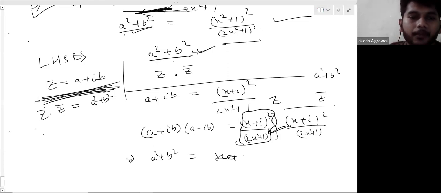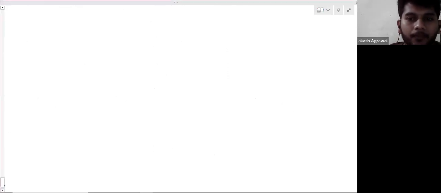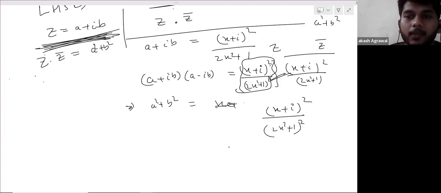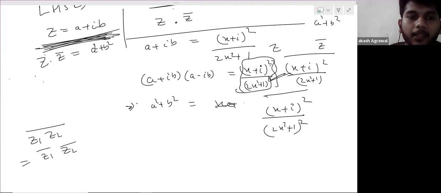So x plus i whole square, and this denominator is just a real number, so I can square it like this, no issues. Conjugate of this. Do you remember the properties, everyone? Conjugate of Z1 Z2, I can write as conjugate of Z1 times conjugate of Z2.